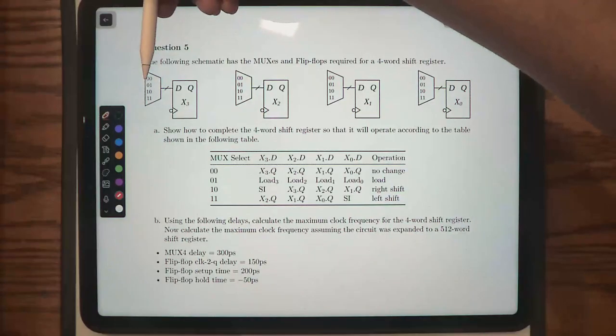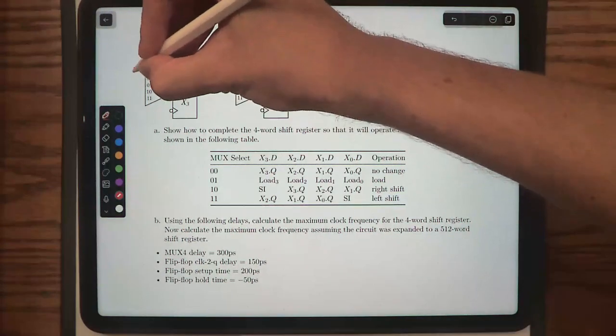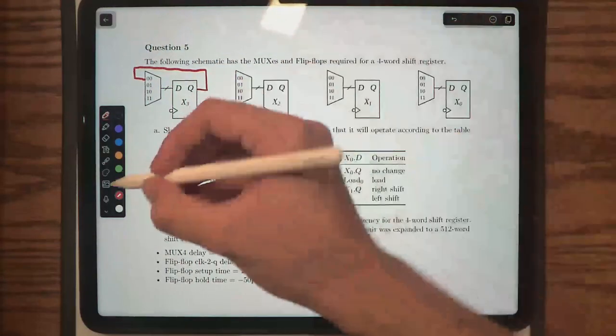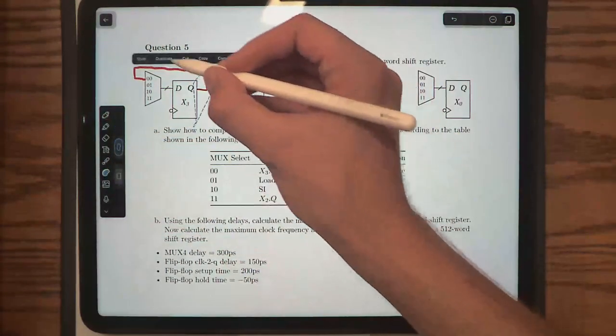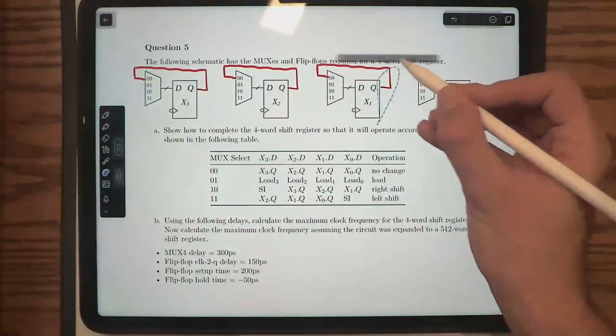It goes into Q. Yeah, right. So you can take this Q directly and feed it back. That's what you're thinking. Yeah, and we can do that probably for all of these. We can just take each one of these and feed it back into 0.